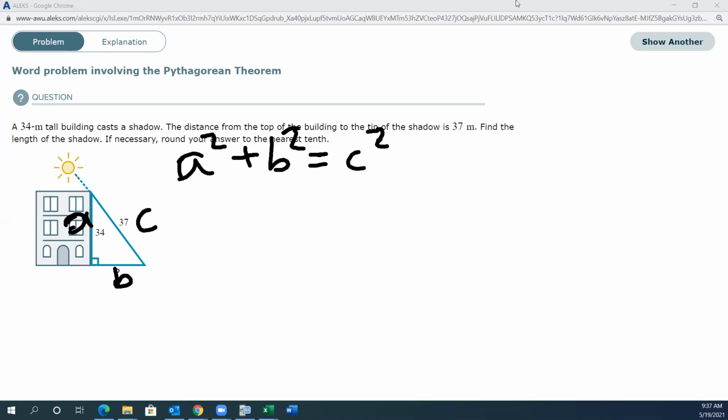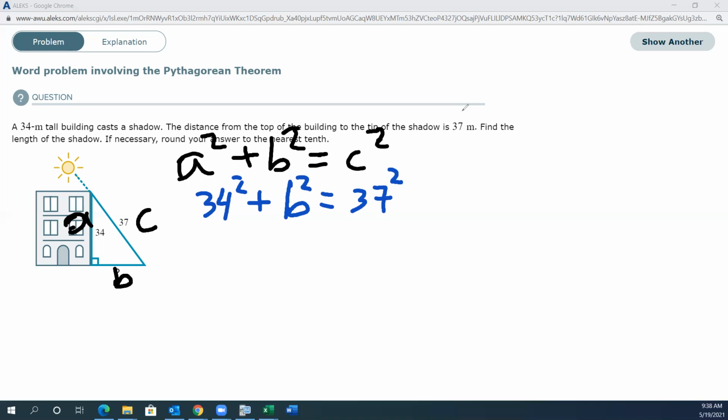Okay, so we know that A is 34, and B is what we're looking for, and C is 37.